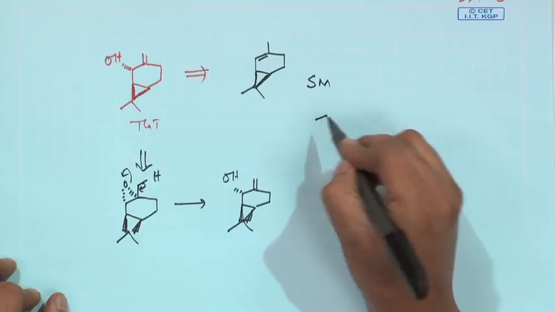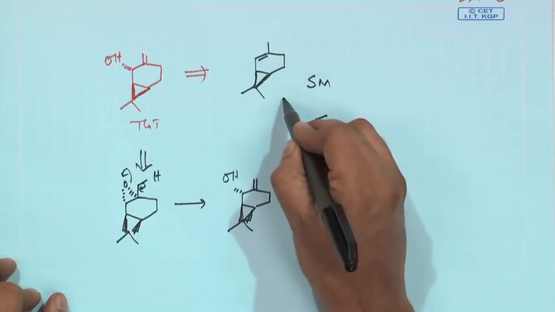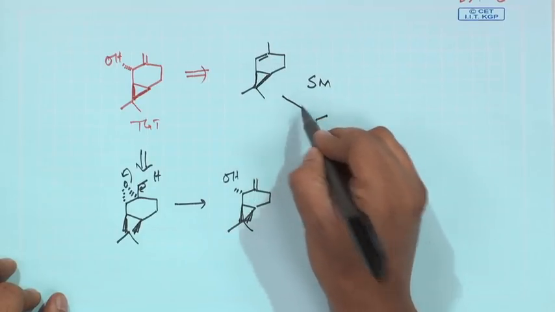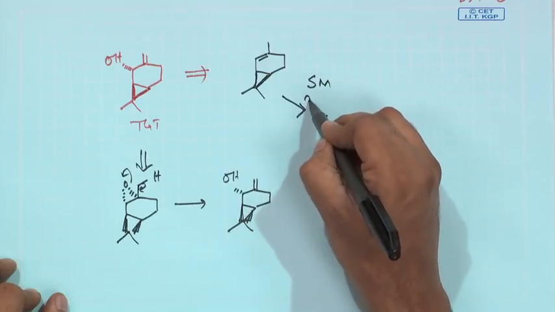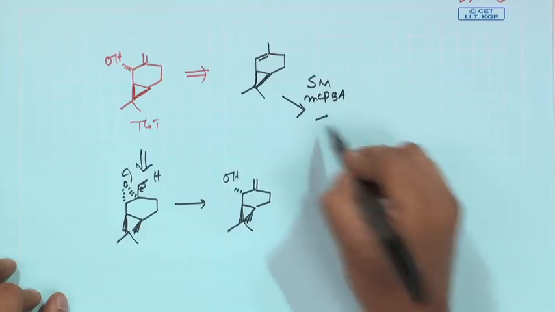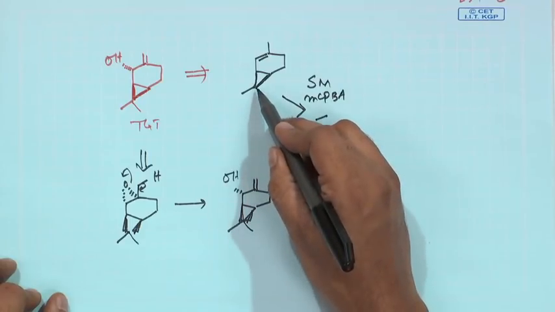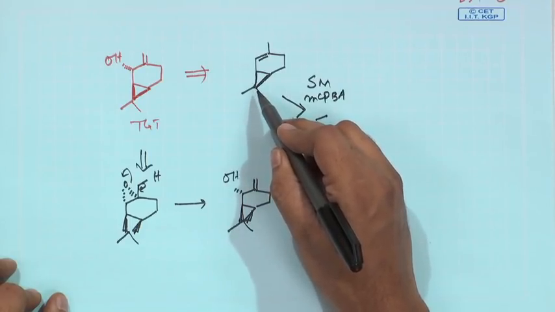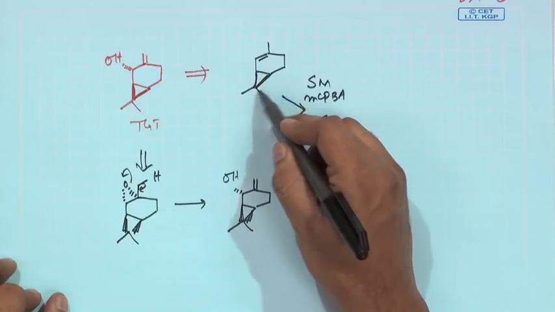The starting material is this. We take the starting material, and the first step we need to do is an epoxidation. We will put MCPBA, metachloroperbenzoic acid. Now, this cyclopropyl group blocks the above face.